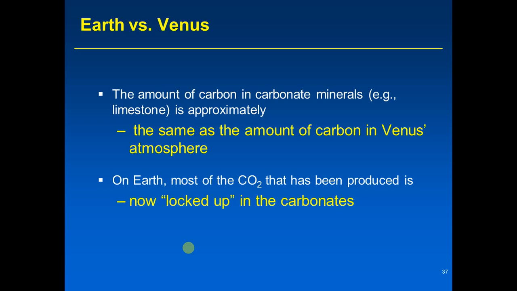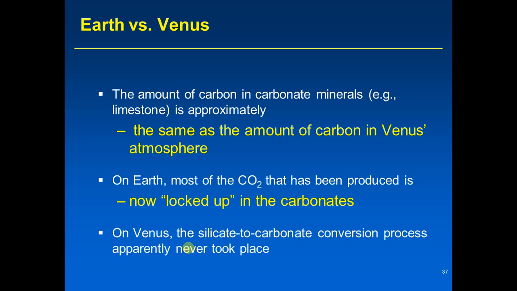On Venus, though, the silicate to carbonate conversion process apparently never took place. Okay. So there used to be a lot more carbon in Earth's atmosphere, but what happened is, through the silicate to carbonate conversion process, it became locked up, removed from the atmosphere, and put into the carbonate rocks.